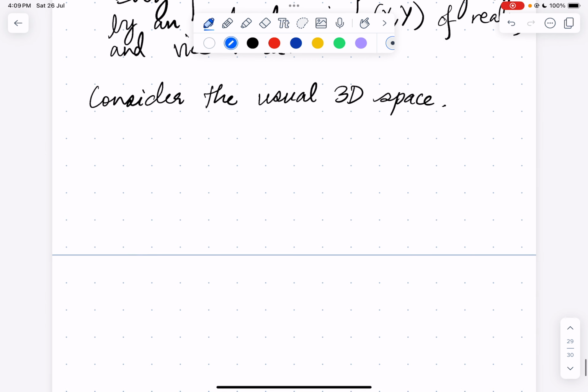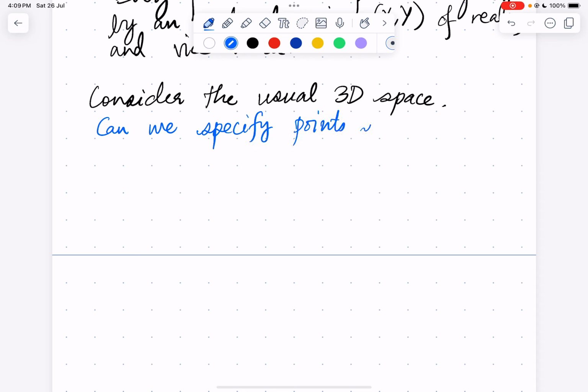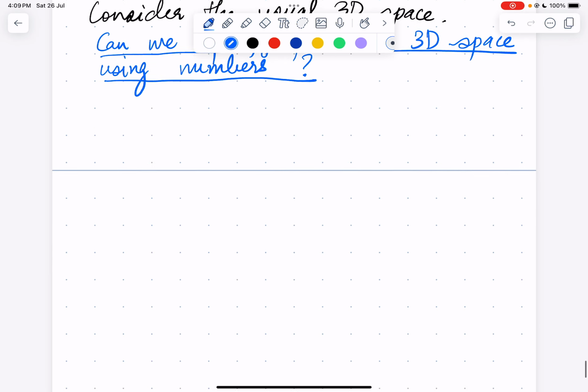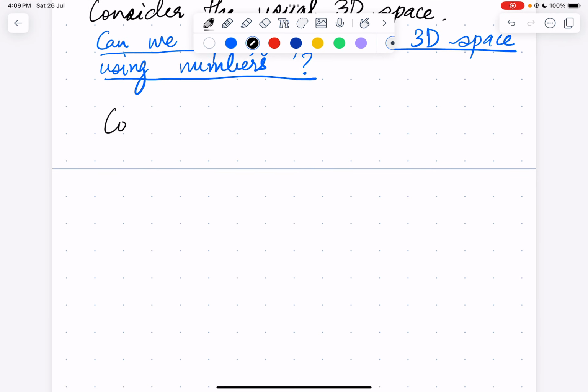So we can ask, can we specify points in 3D space using numbers? So we can consider perpendicular axes.